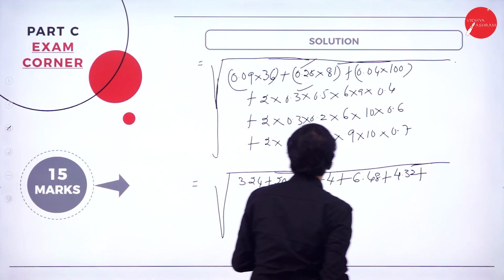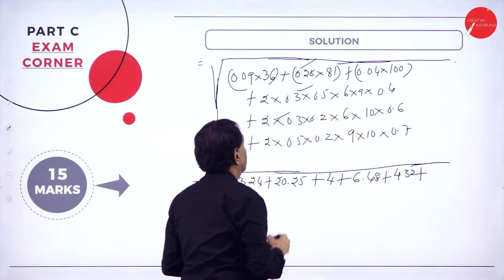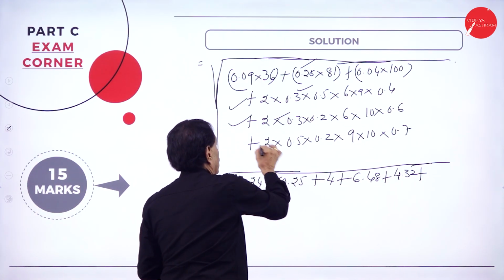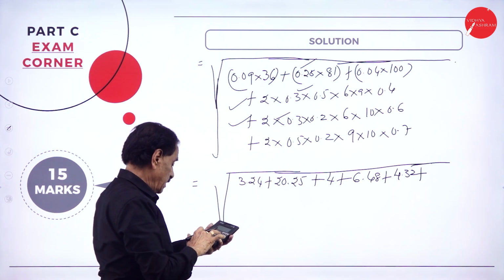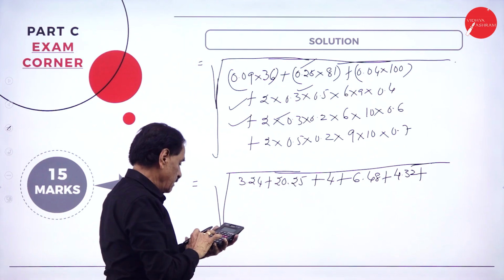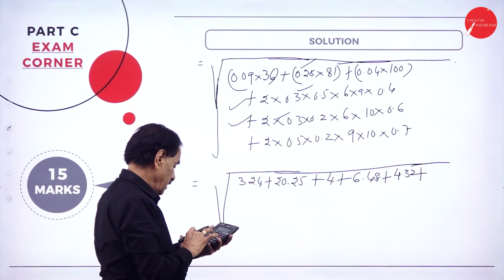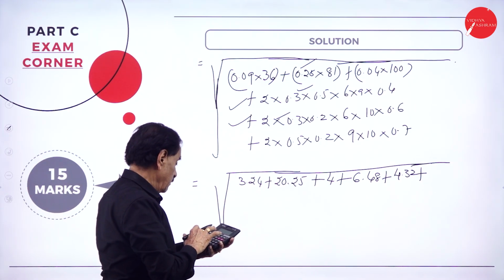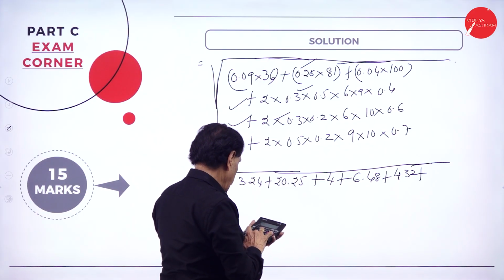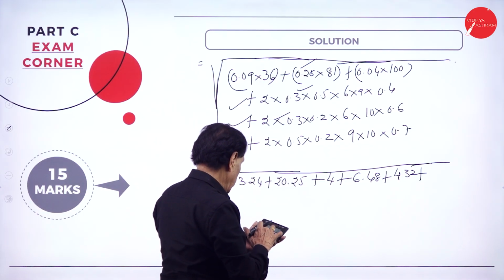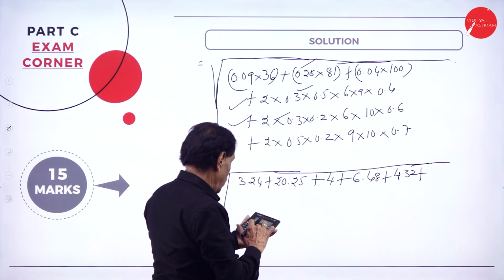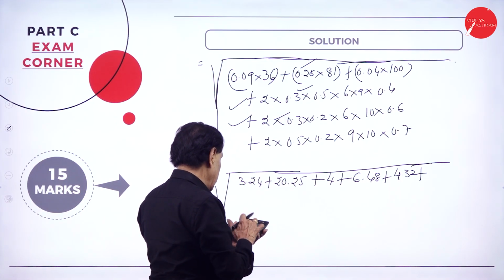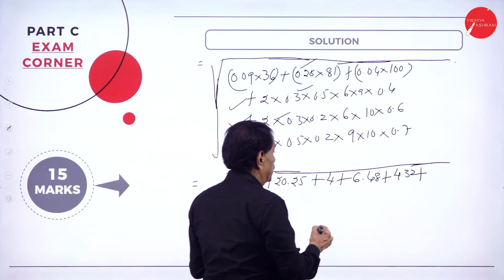Last one: 2 into 0.5 into 0.2 into 9 into 10 into 0.7 is 12.6.